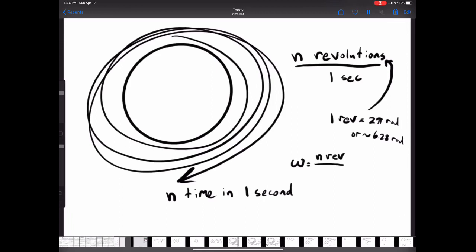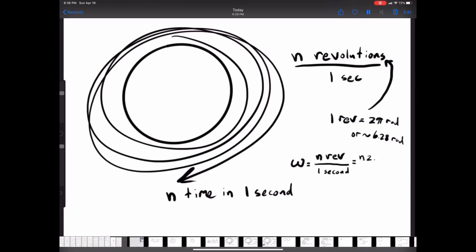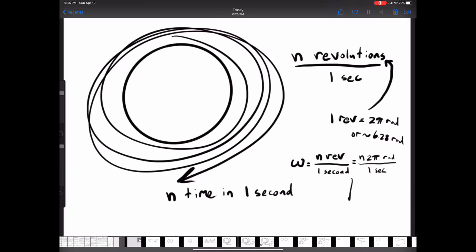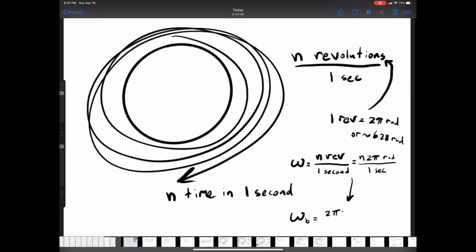So that means our angular frequency, which is omega as seen as the symbol here, is just n times the revolutions per 1 second. And we can change that revolutions to be 2 pi, so our angular frequency of the bike is just 2 pi n radians per second.